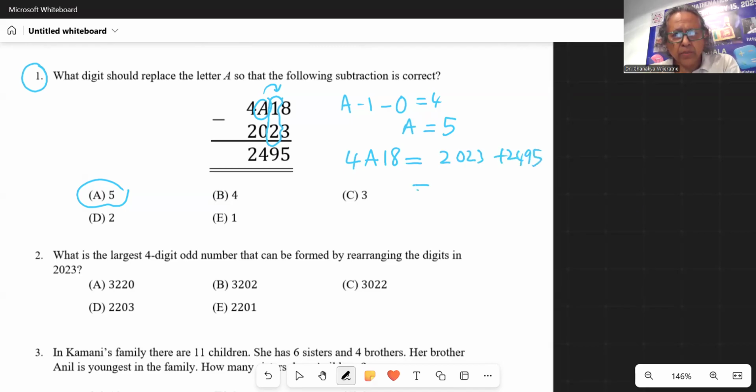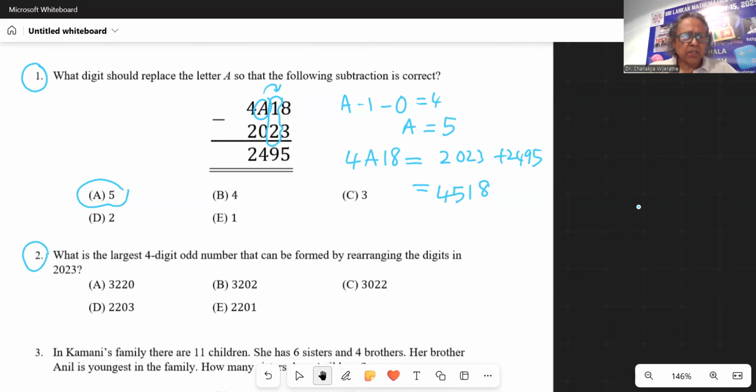So if you add them up, the ones digit is 8, 2 plus 9 is 11, and 1 is carried forward, and then you get 5 here, 4. So again, you can see that A is equal to 5. Right. Let's move on to the next question.